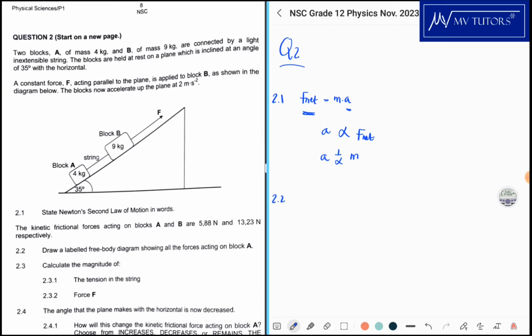2.2, so before we get to the question, it says the kinetic frictional forces acting on blocks A and B are 5,88 Newton and 13,23 Newton.